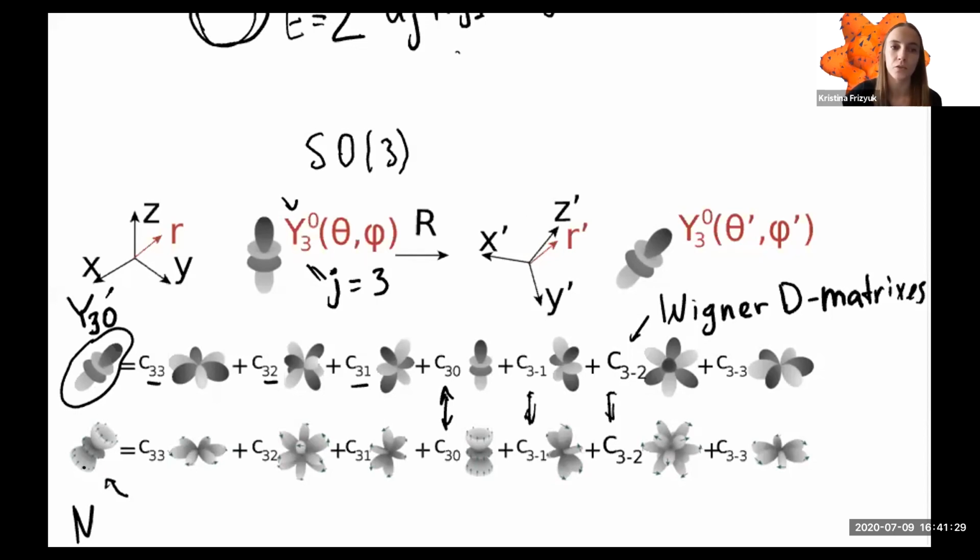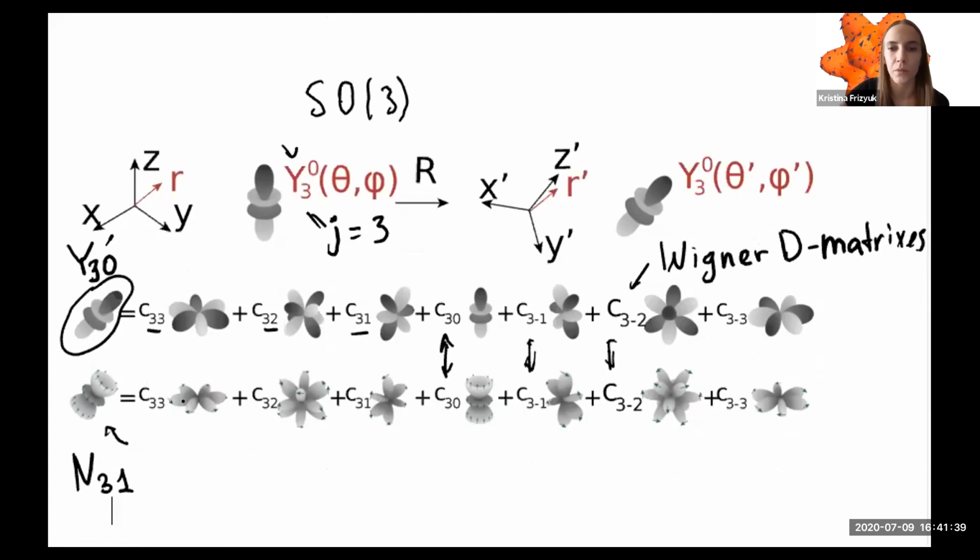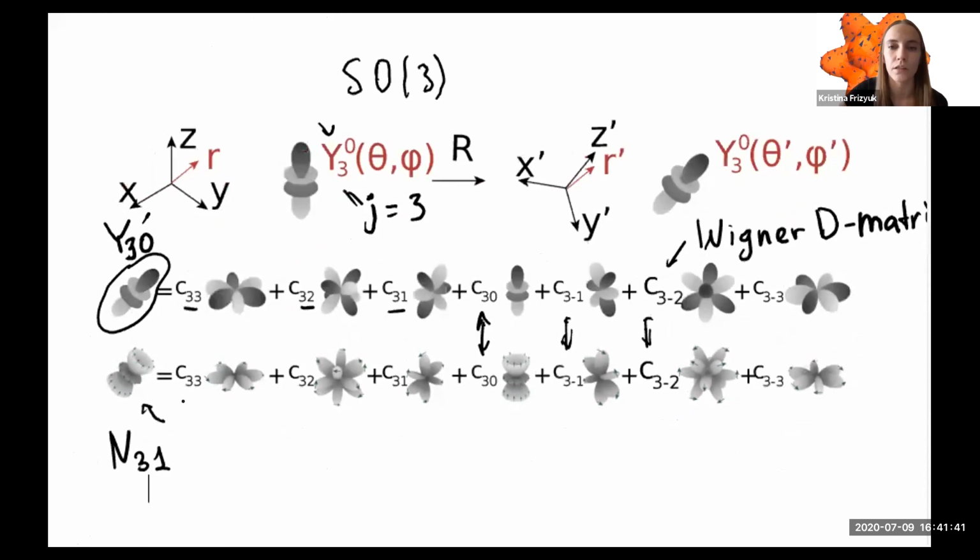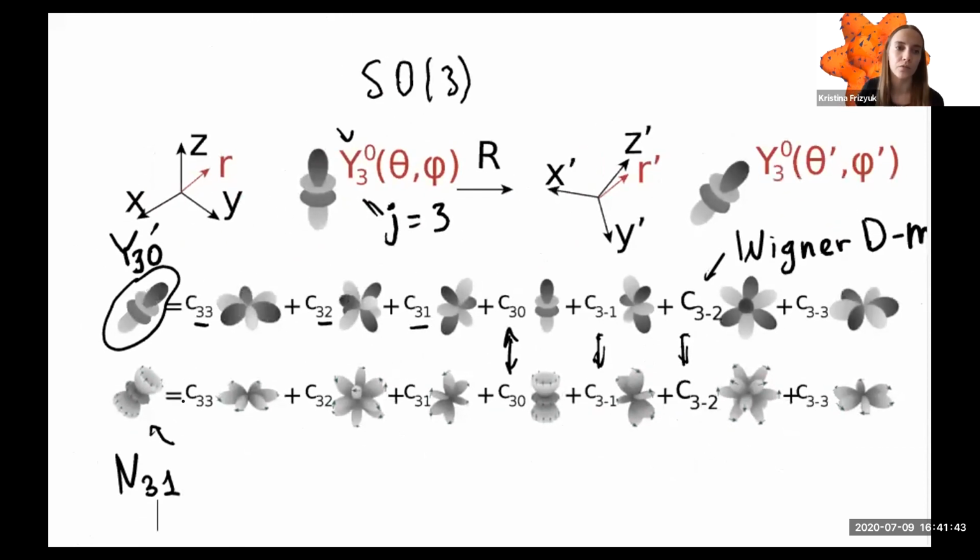But this one is not a scalar spherical function. This is a vector spherical function with the same indexes, and you can obtain it by the definition given at the beginning of the lecture. And it's like a miracle that this is still represented as a linear combination of these ones.